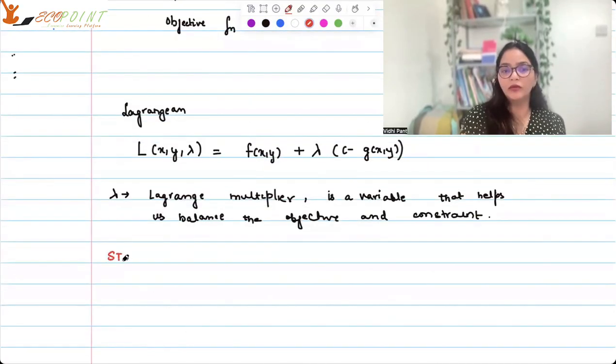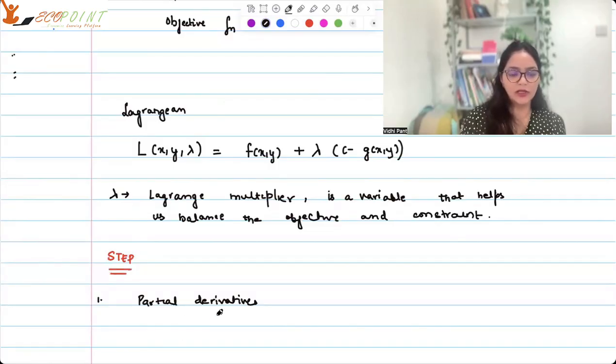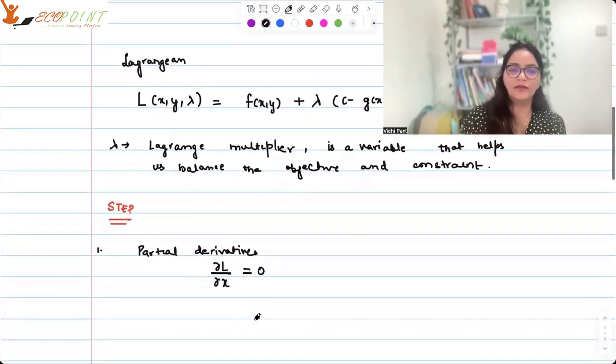So the steps involved here are as follows. Number one, you compute partial derivatives. Since you have two variables, x and y, you find del L by del x and put it equal to 0.